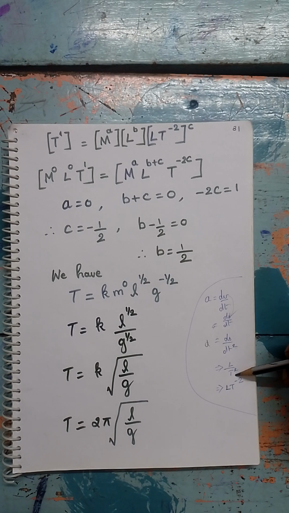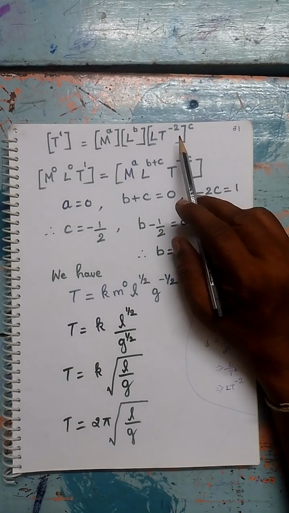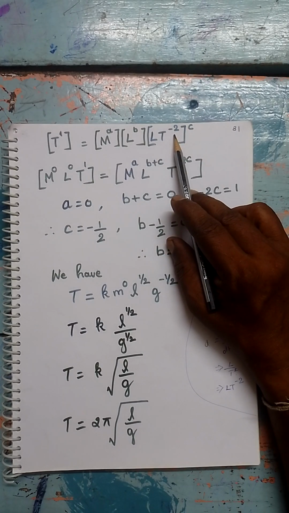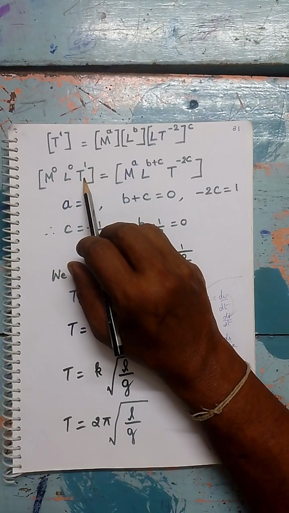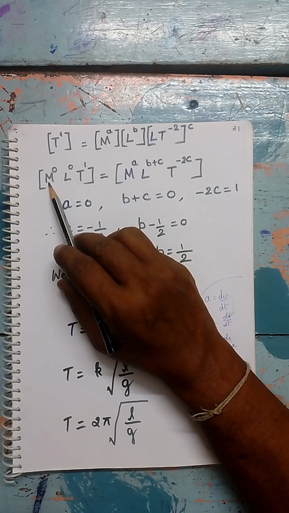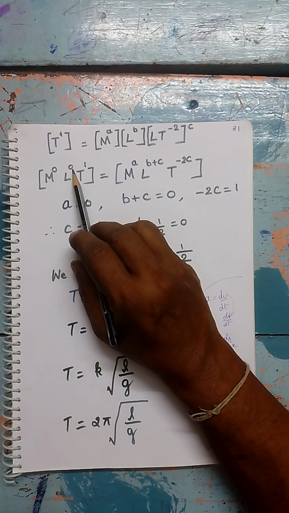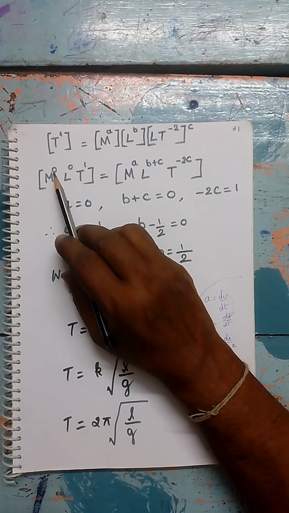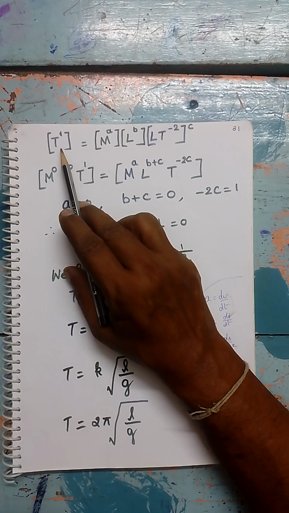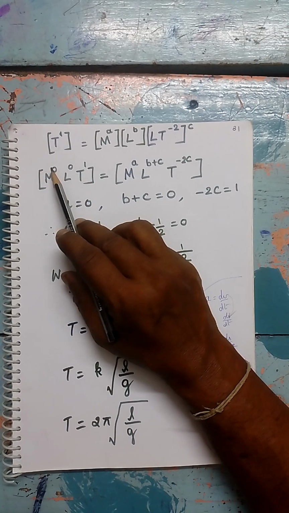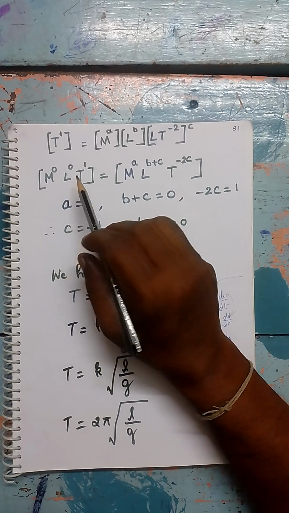Therefore, the dimensional value of acceleration will become L T power minus 2. So that's what is written here. Here we have T power 1. That means we can write it as M power 0, L power 0. M power 0 is 1, L power 0 is also 1. So 1 into 1 is 1, and 1 multiplied by T power 1 is also T power 1. So the left hand side value is unaltered.